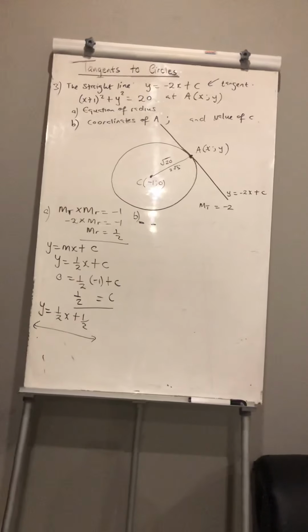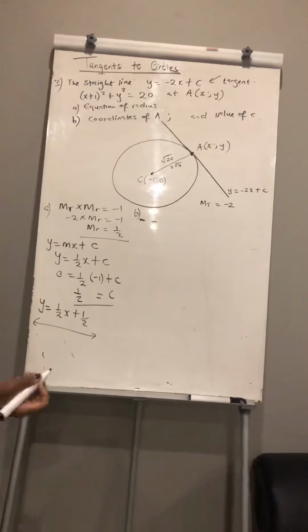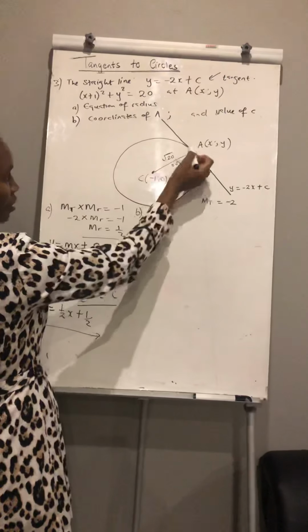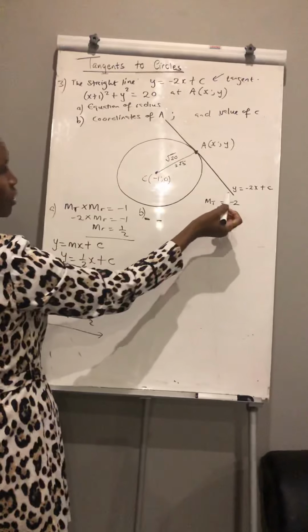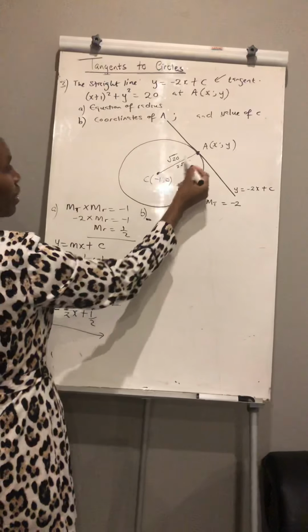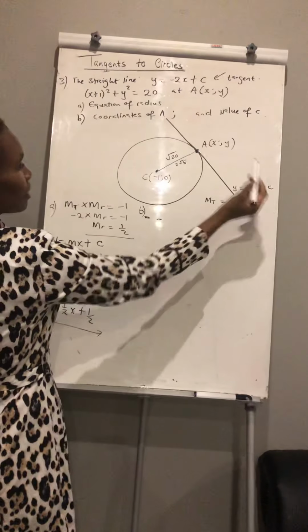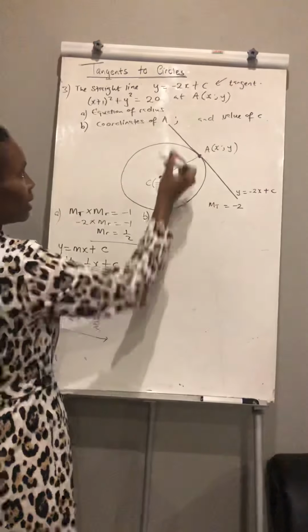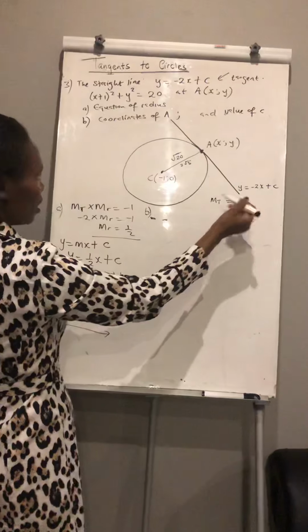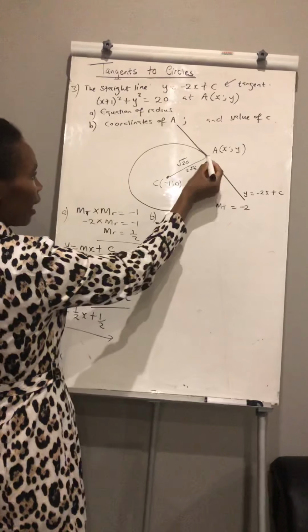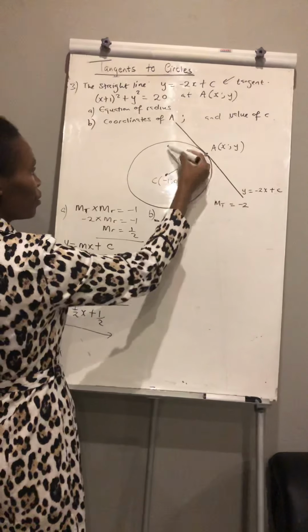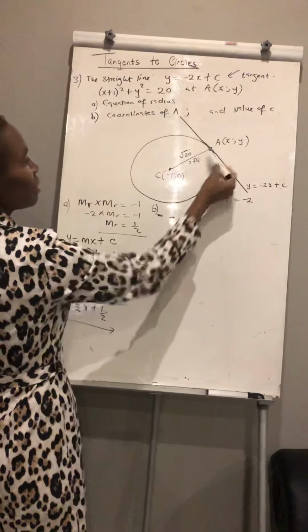Well, A can be seen as a point of intersection of the radius and the circle, and also the tangent. I was going to use the radius and the tangent if I had the equation of the tangent. But at this point, I really don't have it, so I have to use the fact that A happens to be the point of intersection of the circle and the radius.